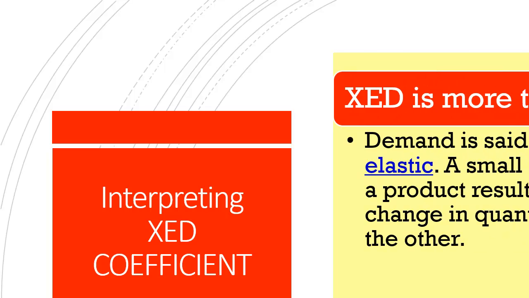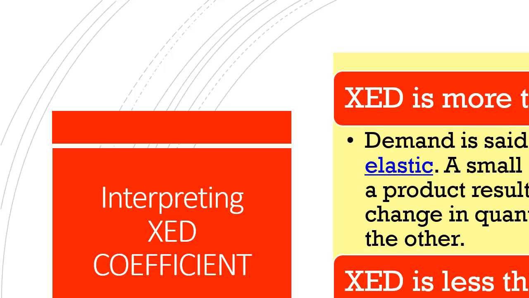Now, using the previous formula, we have a number of possibilities for the XED coefficient. Either the XED is more than 1, in which case the demand is said to be cross-price elastic, which means that a very tiny change in the price of one product results in a bigger change in the quantity demanded for the other product.